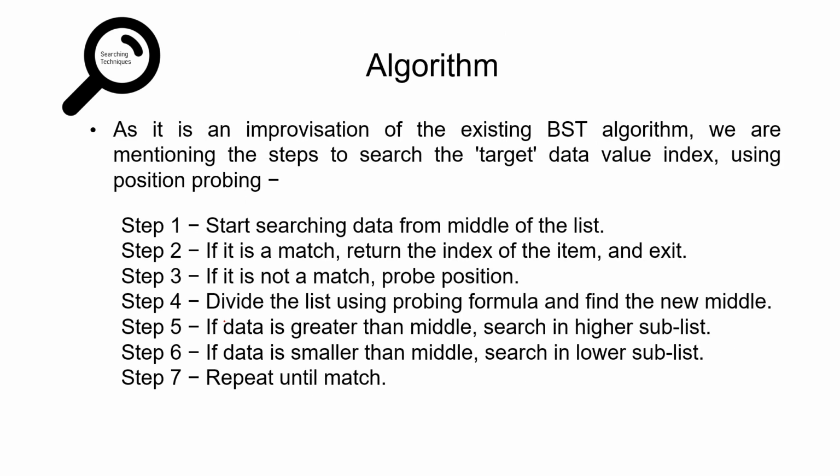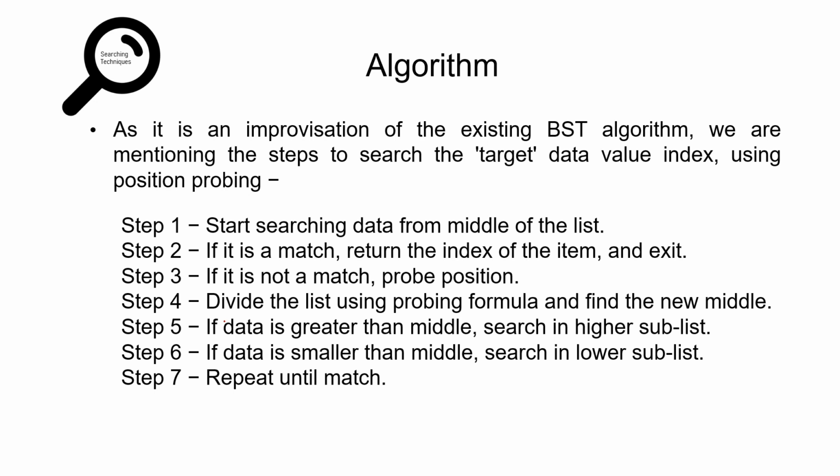So, anong algorithm natin? Step number 1. Start searching data from the middle of the list. Sa gitna tayo maghahanap. So, kung match yun, i-return natin yung index ng item. Pero kung hindi, hanapin ulit natin yung probe position. So, step number 4, divide the list using probing formula. Yung katulad ng pinakita kanina. So, step number 5, data is greater than the middle, search in the higher sublist.